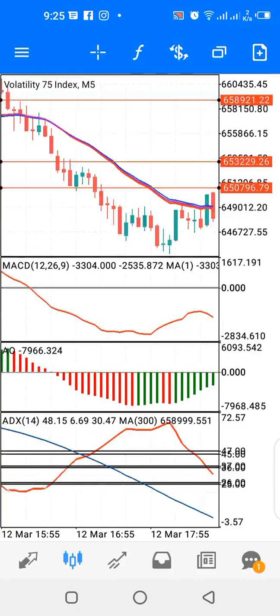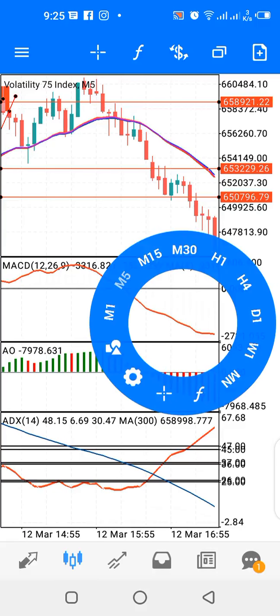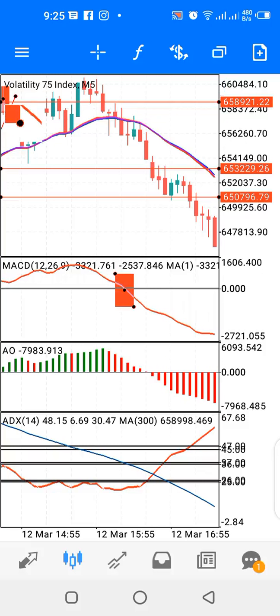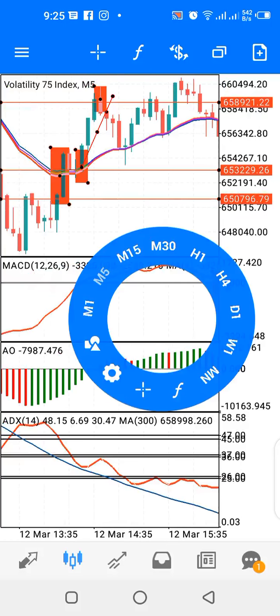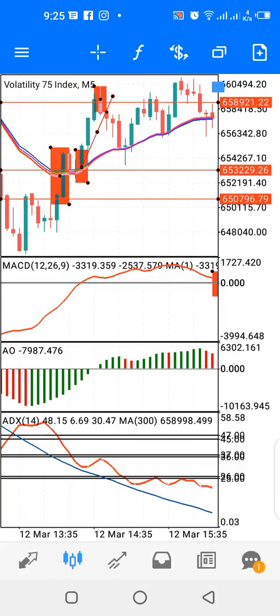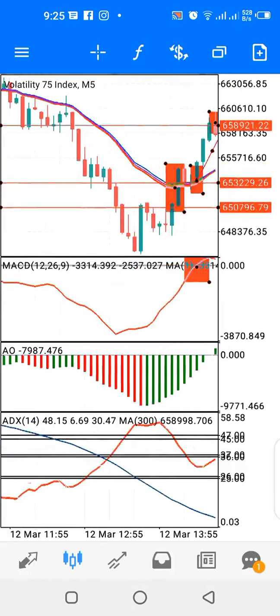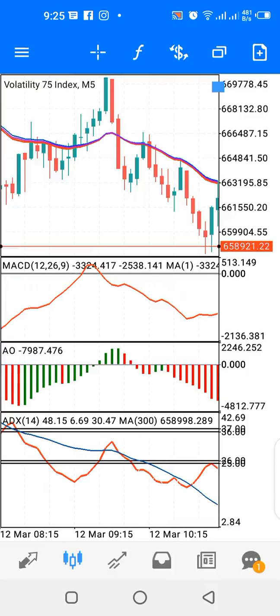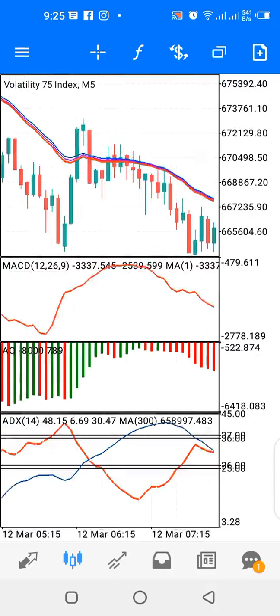Then for indicator window 1, when the red line cross the 0 level, that's your sell signal, and it cross above 0 level, buy signal. When it cross below, sell signal, and when it cross above, buy.